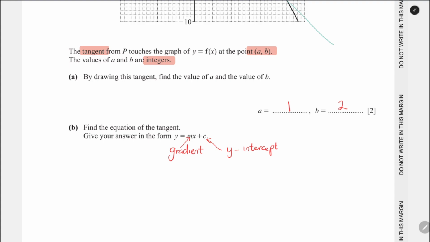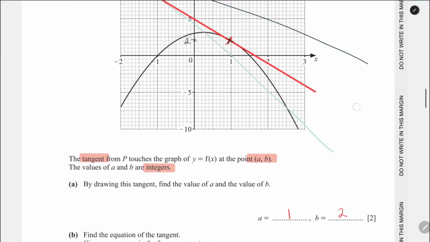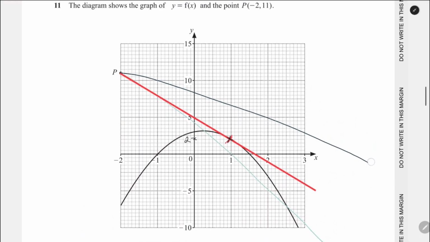How do we find the gradient? Gradient is given by rise over run, the change in y, that is (y2 minus y1) over (x2 minus x1). The beautiful thing about this question is that we already have 2 pairs of coordinates.